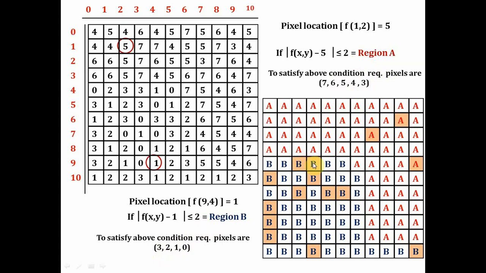I have shaded the location of the 3 pixel with a different color. For example, if I consider A as a country like India, and B as a country like Australia, suppose I'm living in India, I will get a citizenship of India.